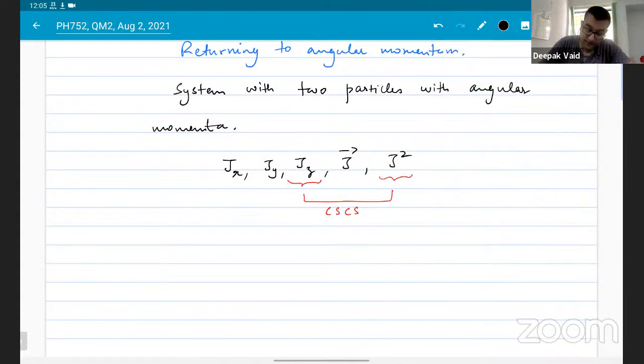And then the eigenvalue of J squared on an angular momentum eigenstate, so this is my angular momentum eigenstate, what is the eigenvalue? j times (j plus 1).